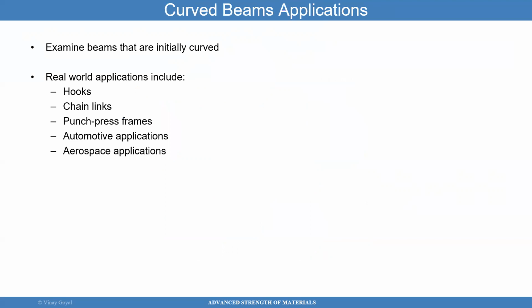So the curved beam application I'm going to discuss specifically today is very helpful for hooks analysis, chain links, punch press frames, automotive applications, also aerospace applications. Anytime you have something that can be modeled as a curved beam.